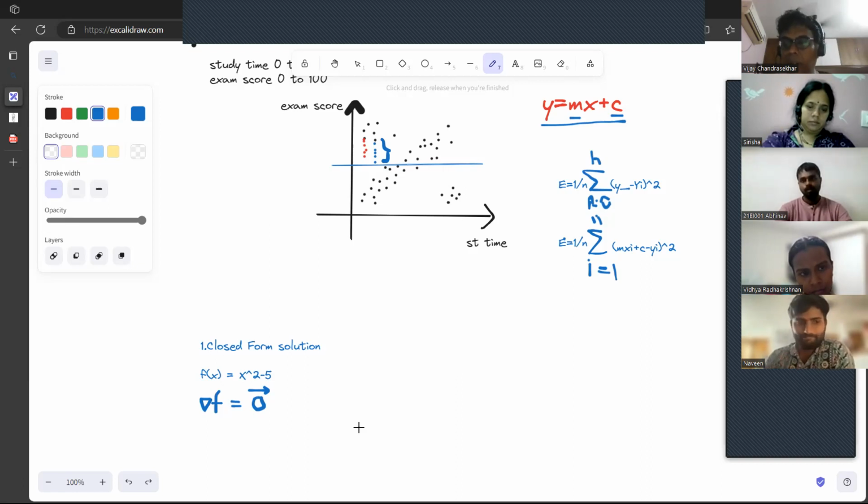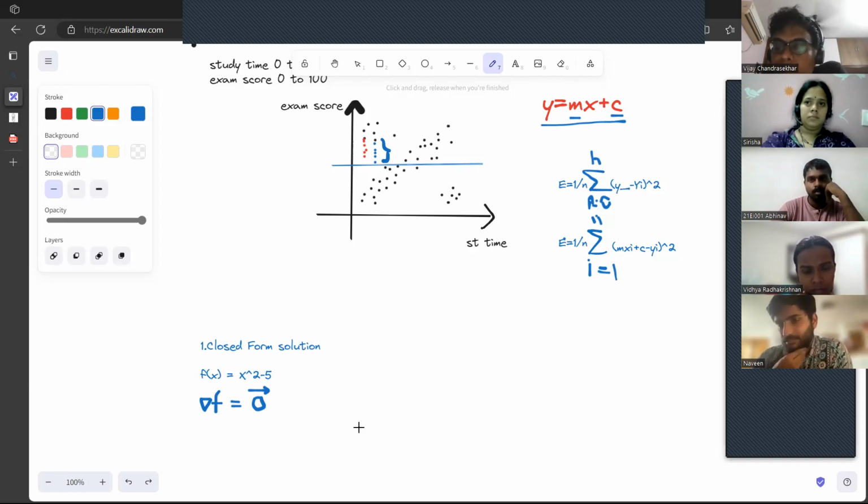I don't want to get into all that, I don't want to complicate things too much. But that's the basic principle: you take a partial derivative, equate it to 0, and then figure out what should be, in this particular case, m and c. And that is called a closed form solution.